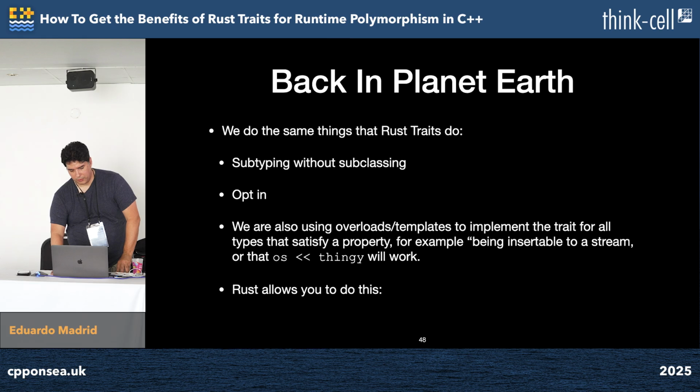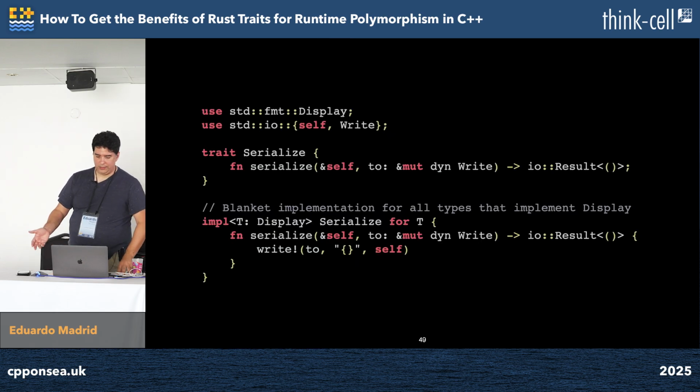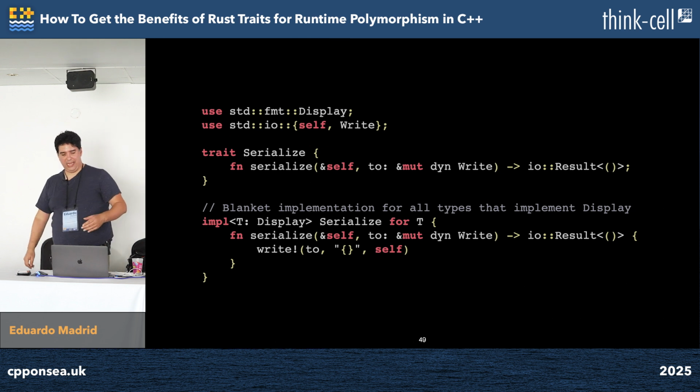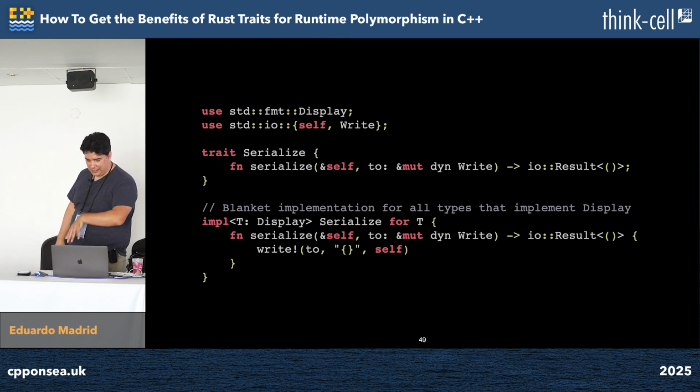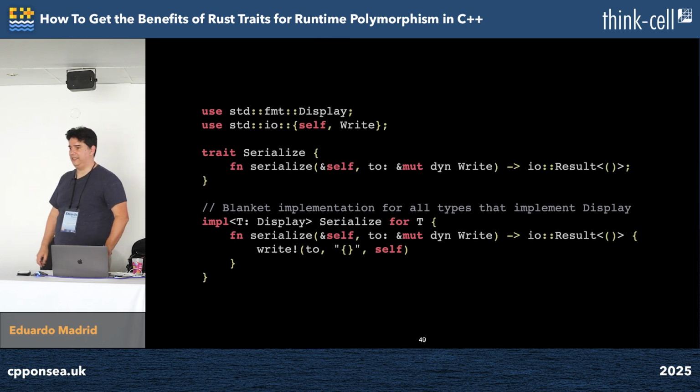And Rust allows you to do this thing. So we're not getting ahead yet in C++ to what Rust allows you to do. And this would be the way to do a so-called blanket implementation. In this particular case, everything that implements Display is going to be able to be serializable. That's what this slide means.